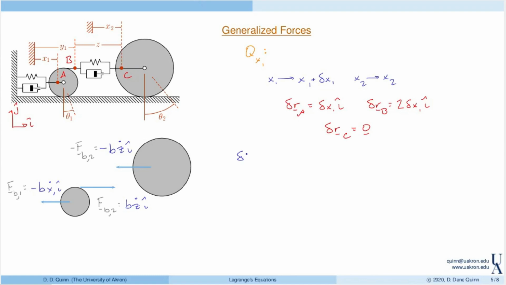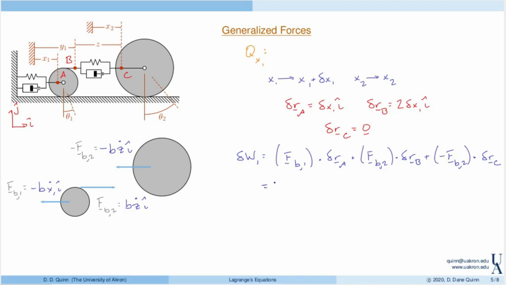Alright, well now I can go and calculate the virtual work. It's just this force, FB1, dot the displacement, plus the next force, FB2, dot the displacement at B, and then finally plus the third force, which is minus FB2 dot delta R_C, the virtual displacement of that force.